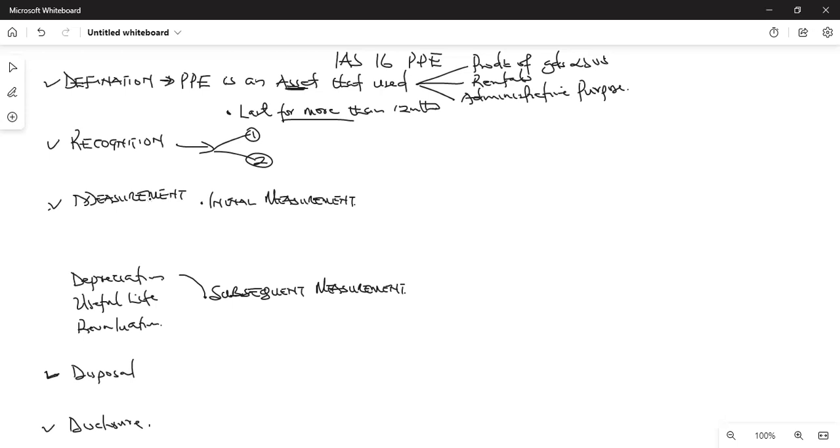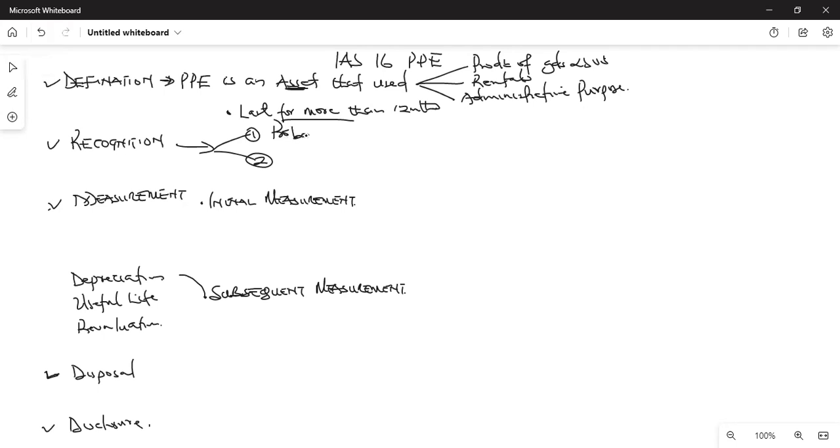Yes, anyone? Yes, please. There should be a probable future economic benefit flowing into the entity. And then the cost of the asset must be measured reliably. All right. Thank you.